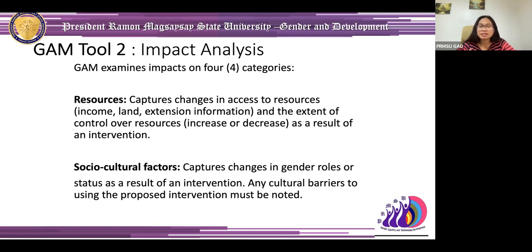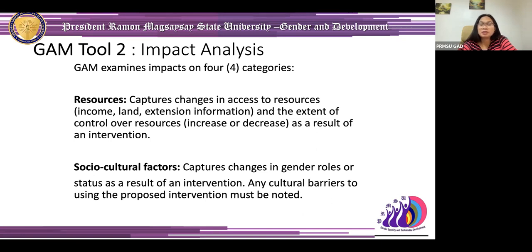Dahil pwede pong na-train sila, maaring they were able to be trained sa skill training, but they were not able to access the technology or the resources that they have. Okay, so i-analyze din po natin yan sa GAM. Now, for the social-cultural factors, it captures changes in gender roles or status as a result of intervention.